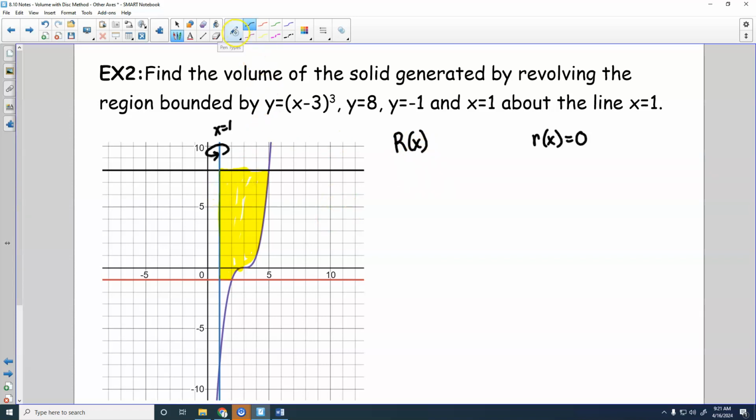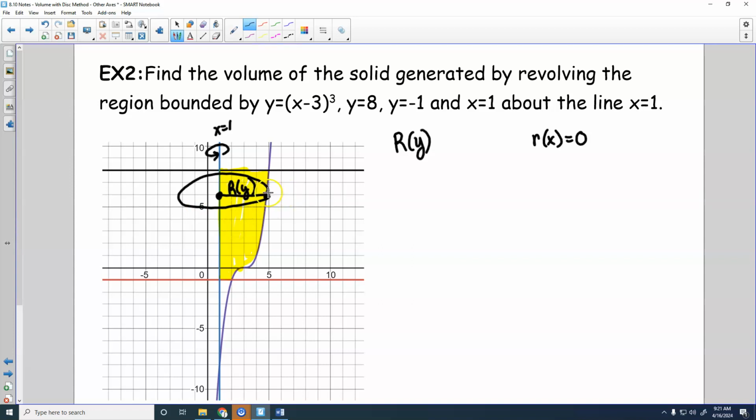Actually, we do not need a capital R of x. What do we need? R of y. Okay? It needs to be this horizontal piece right here that gets rotated around that axis, right? That's our capital R of y.